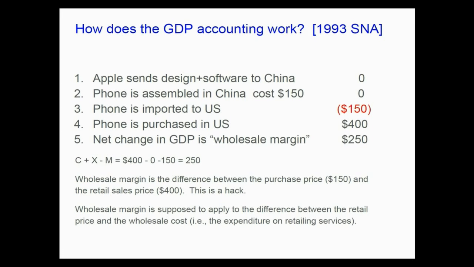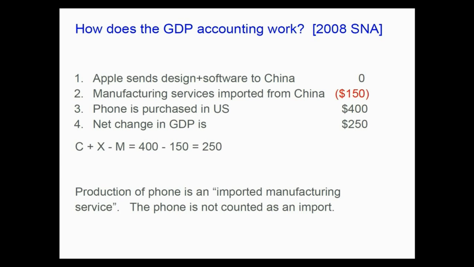The better way, in my opinion, is to look at the actual production of the software and treat it as an export, or look at the manufacturing of the part and treat that as an import. And there have been various proposals to do exactly that. So, for example, in the 2008 System of National Accounts, Apple sends the design and software to China.